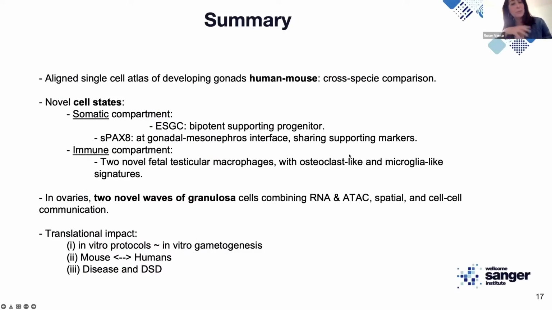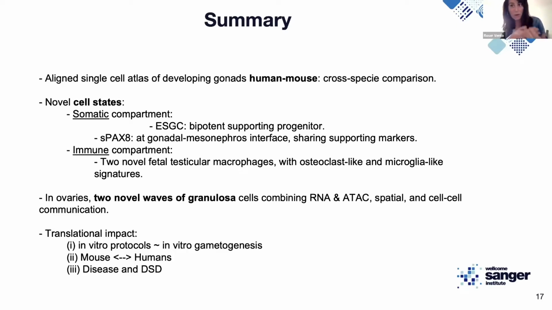So as a conclusion, what we have done is to align single cell atlases of developing gonads in human and mouse, and this has allowed for a cross-species comparison. And thanks to this quite accurate temporal resolution and also to the multi-omics data, we have managed to see that the developmental processes happening in mouse and humans are quite similar, and we define new cell states.